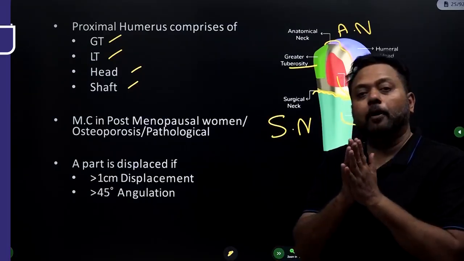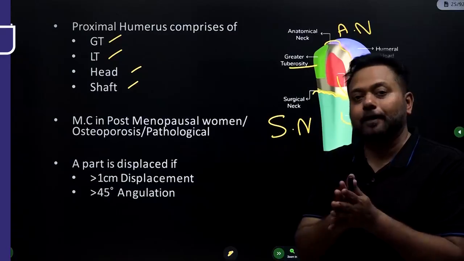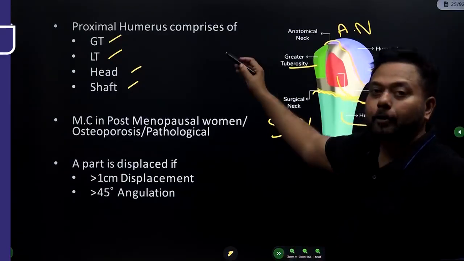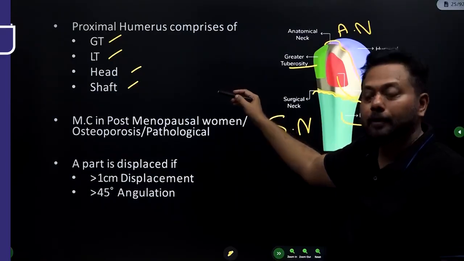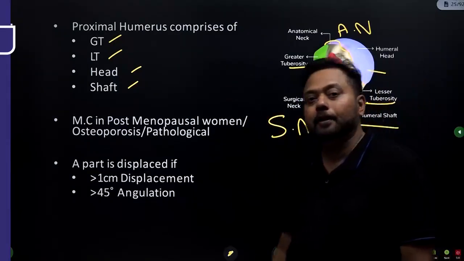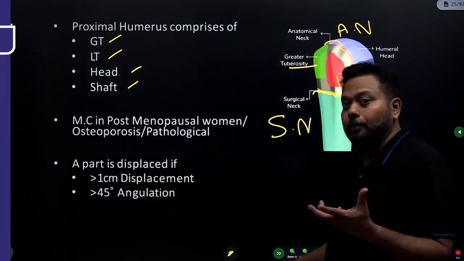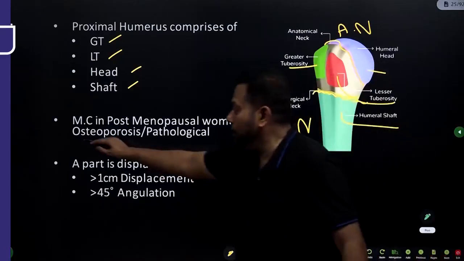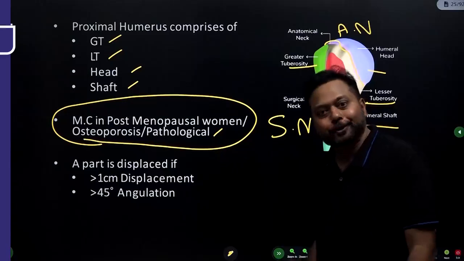Only when we know the parts very carefully can we go for the classification, which is called Neer's classification, which depends upon the parts: greater tuberosity, lesser tuberosity, head of humerus, and shaft. So these are the four. Proximal humerus fracture is most common in postmenopausal women because of osteoporosis. So most of the time, proximal humerus fracture is a pathological fracture.